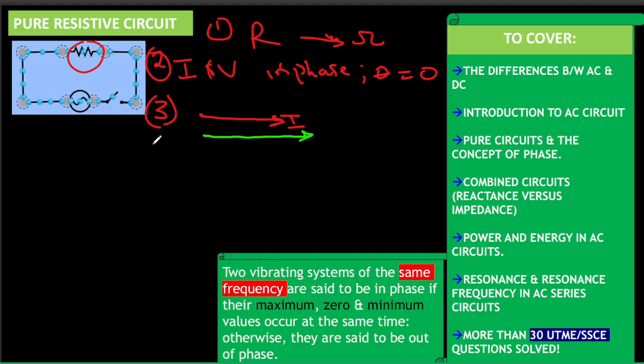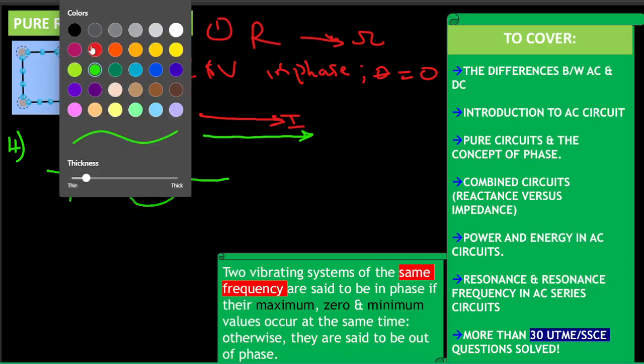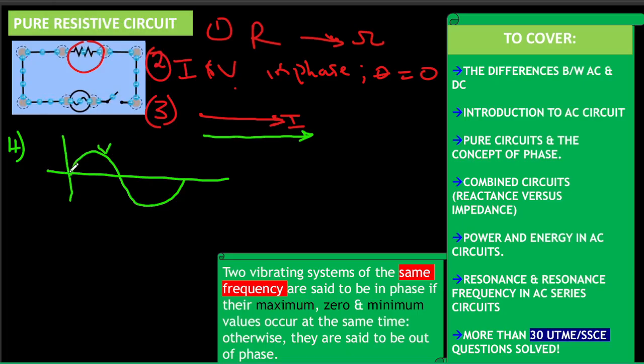Now, point number 4 is the graphical representation. So if this is the voltage, how will current be? Current will be smaller. It will also start at the same point.